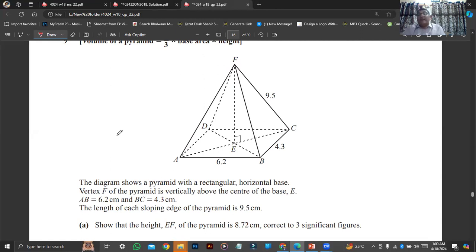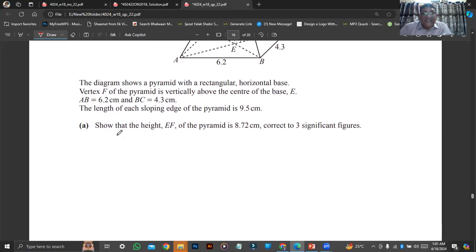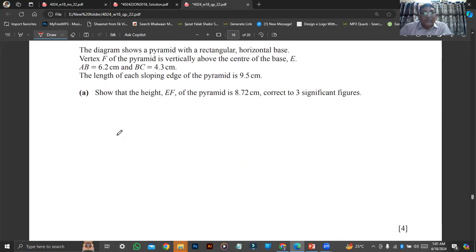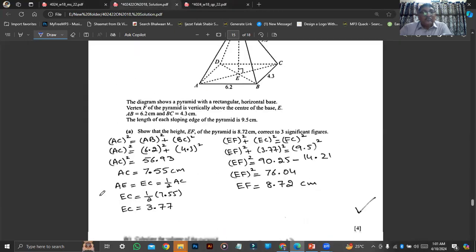I know the sloping edge is 9.5, and the EC value or the AE value I know. Then I can apply the Pythagoras on the FEC triangle, which is a right angle triangle, and I will be able to find out the EF. This is the strategy on which I'm going to work and show that the height EF of the pyramid is 8.72 centimeter, correct? Okay, it's a 4 marks question, so let me show you.